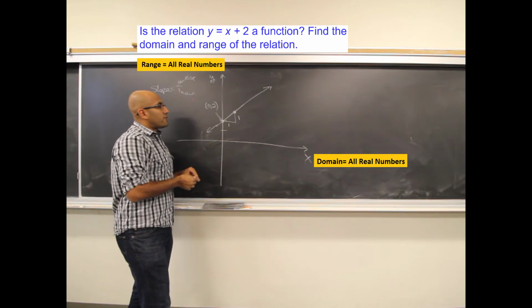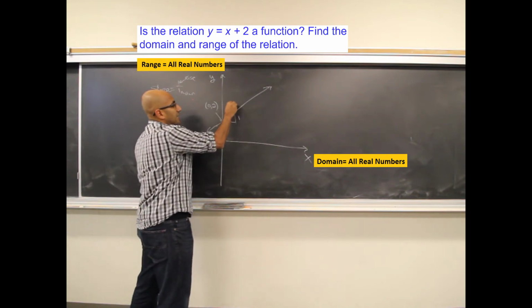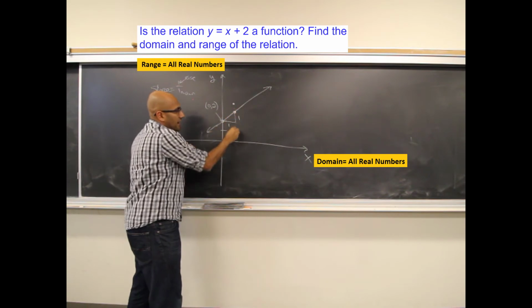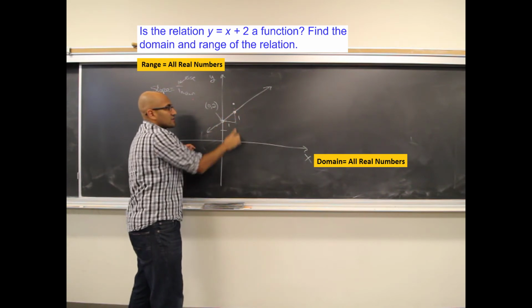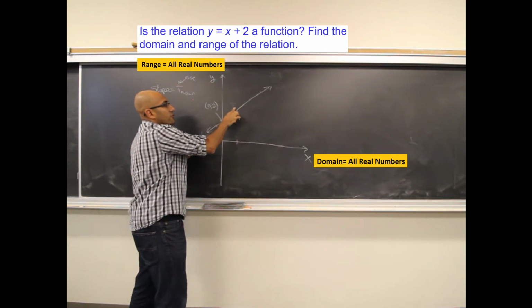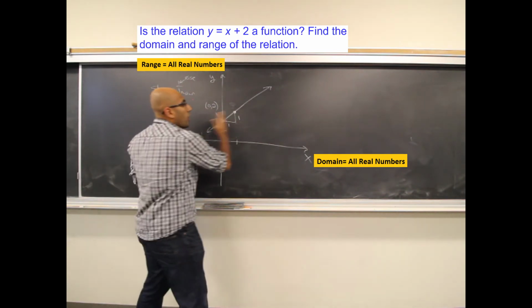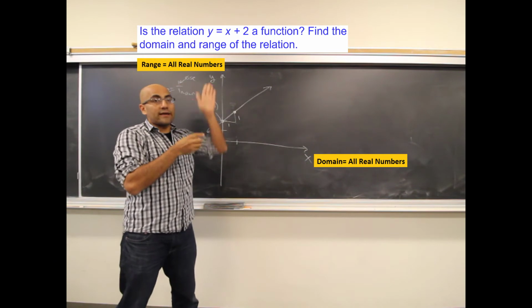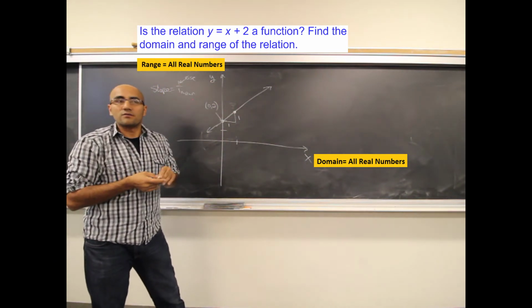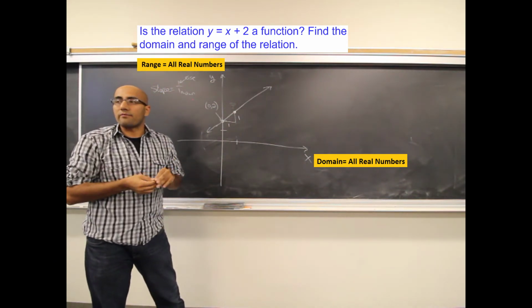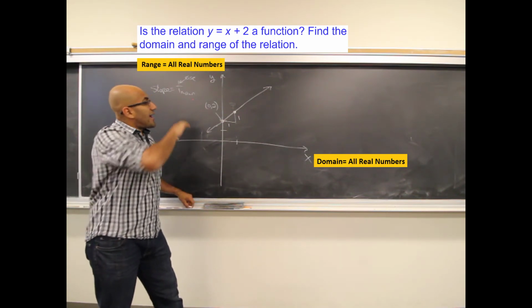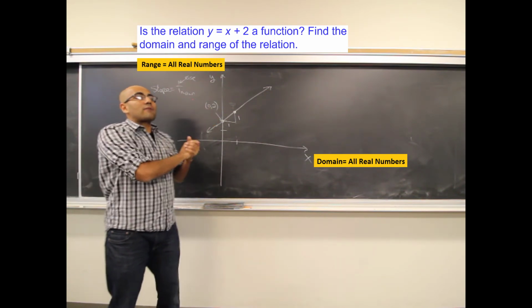So what we're really looking for is to make sure that there's never a case where 2 dots are stacked right on top of each other, and they come from the same value of x. We never want to have that for functions. Good? So all lines are going to be functions, with the only exception being vertical lines, because obviously they fail that test. All the dots are stacked on top of each other. Good? Questions?